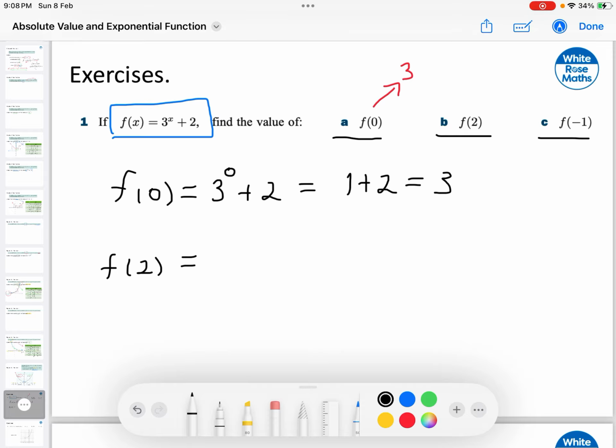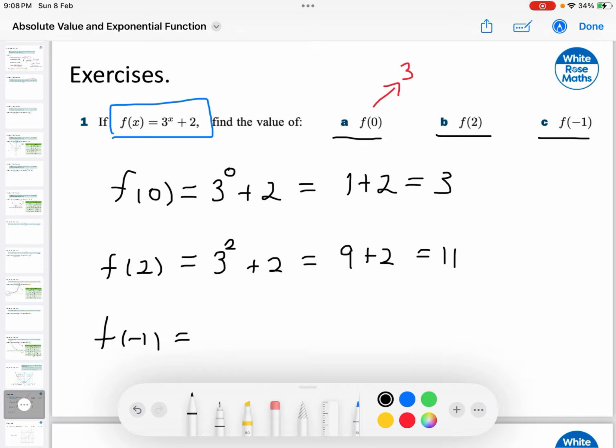For the second one, they're asking us to evaluate the function at 2. Remember, this is an exponential function, so we have 3 to the power 2, adding 2. That will be 3 to the power 2, that's 9. And 9 plus 2 is 11.